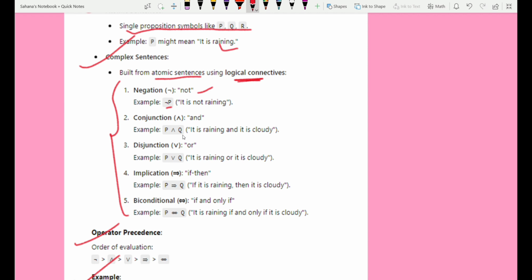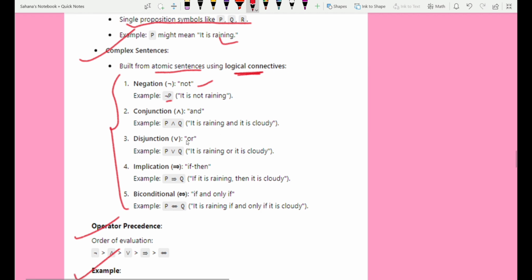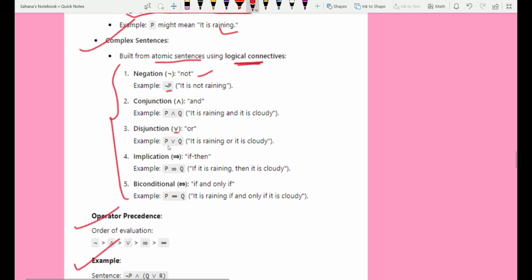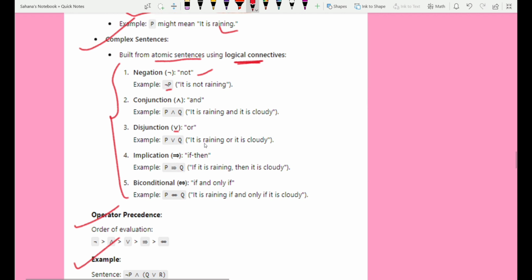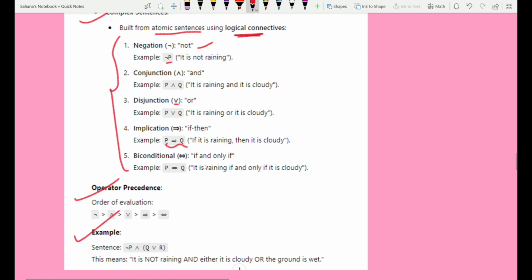Negation P, it is not raining. P and Q means it is raining and it is cloudy. P or Q means it is raining or it is cloudy. Implication, if-then: P implies Q means if it is raining then it is cloudy. Biconditional is if and only if: it is raining if and only if it is cloudy.